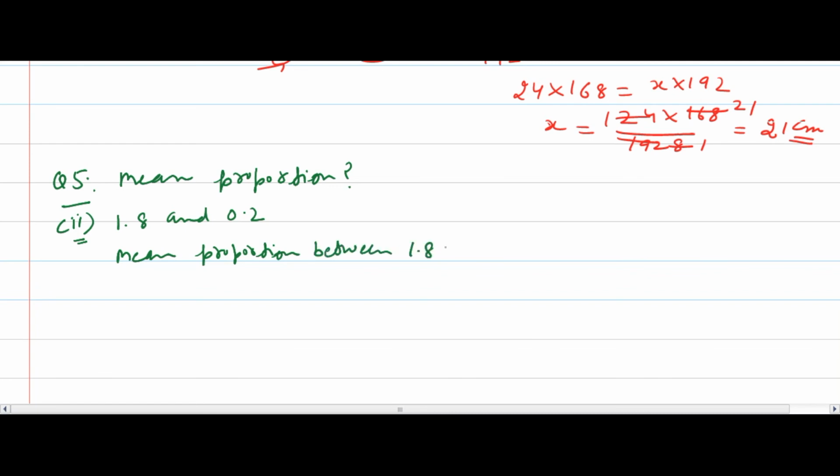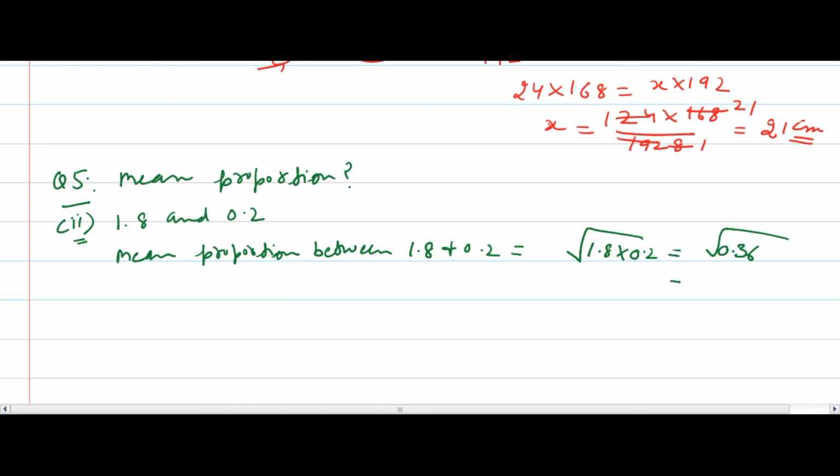So mean proportion is quite easy. I have told earlier b square is equal to AC. So we have to straight away multiply it. 18 2 ja 36, 2 decimal places. Here we will put 2 decimal places.